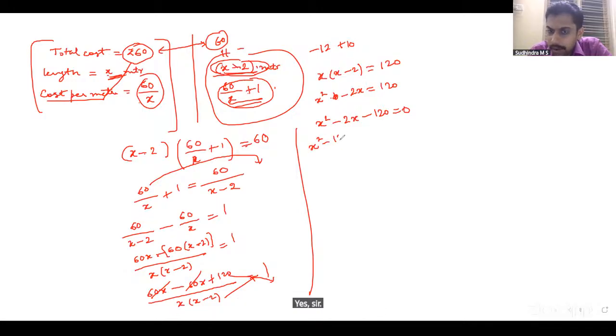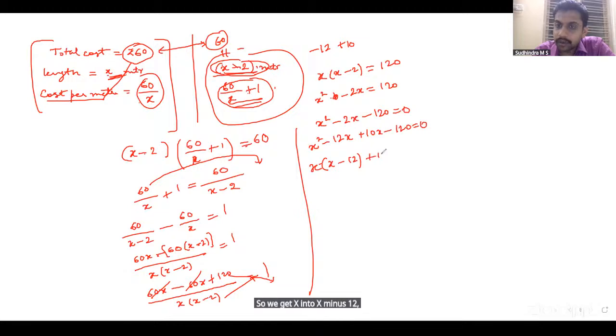X square minus 12X plus 10X minus 120 equals 0. So we get X into X minus 12 plus 10 into X minus 12 equals 0. So X minus 12 common, X plus 10 equals 0.